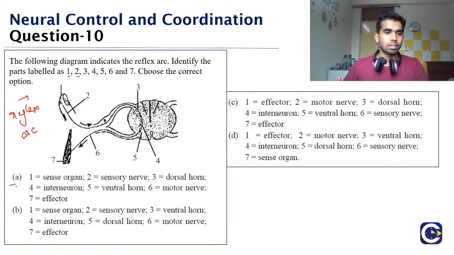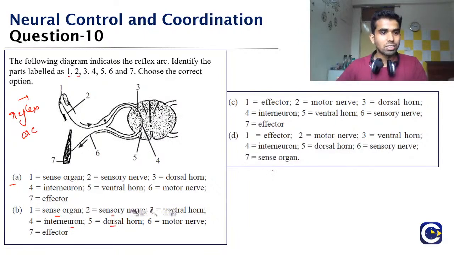Option A says 1 is sensory organ, 2 is sensory nerve, 3 is dorsal horn, 4 is interneuron, 5 is ventral horn, 6 is motor nerve and 7 is the effector. Option B says 1 is the sensory organ, 2 is sensory nerve, 3 is ventral horn, 4 is interneuron, 5 is dorsal horn, 6 is the motor nerve and 7 is the effector. The options are lengthy, so let us cover the answer itself.